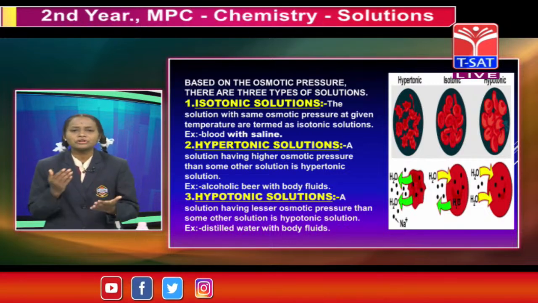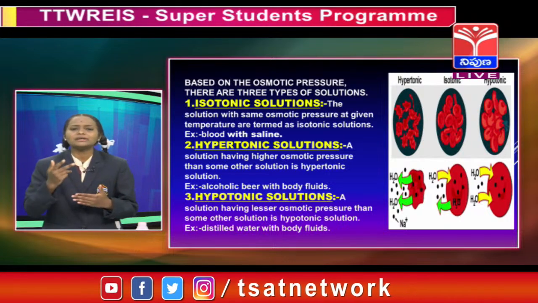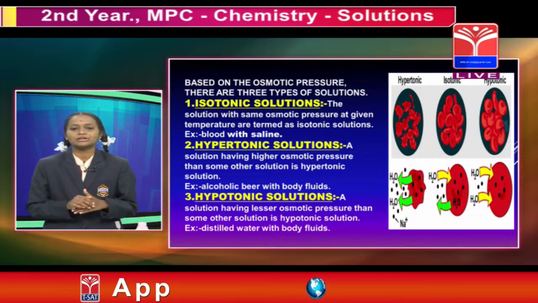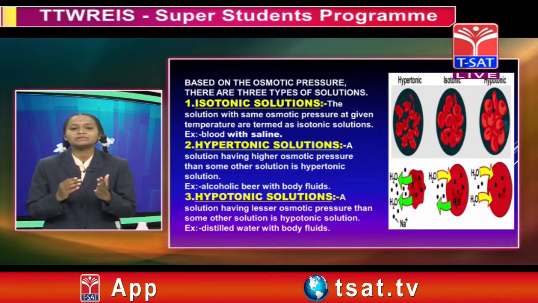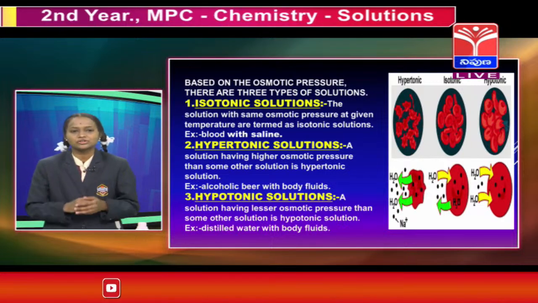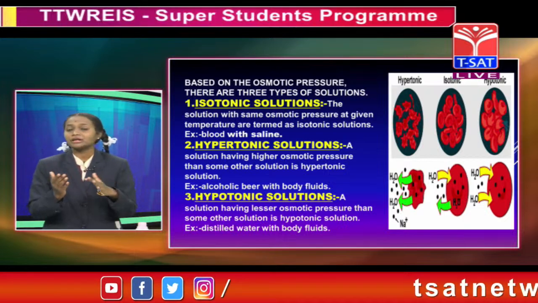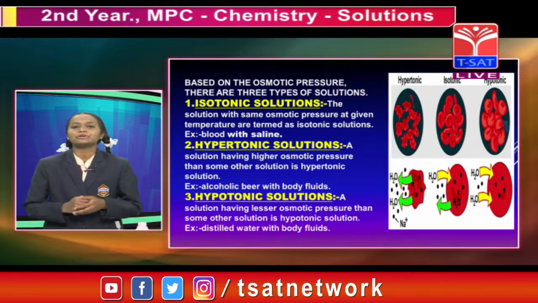Then hypotonic solutions. Hypotonic solutions are quite the opposite of hypertonic solutions. A solution having lesser osmotic pressure than some other solution is a hypotonic solution. Such solutions are called hypotonic solutions.